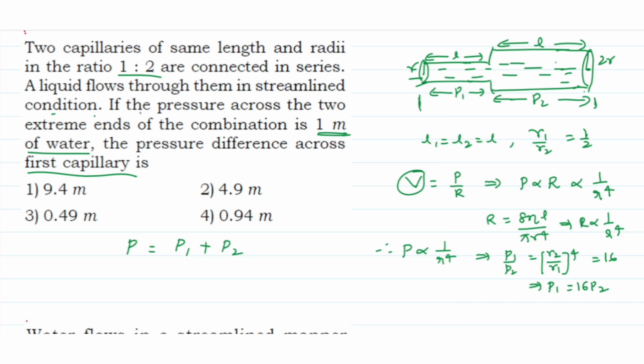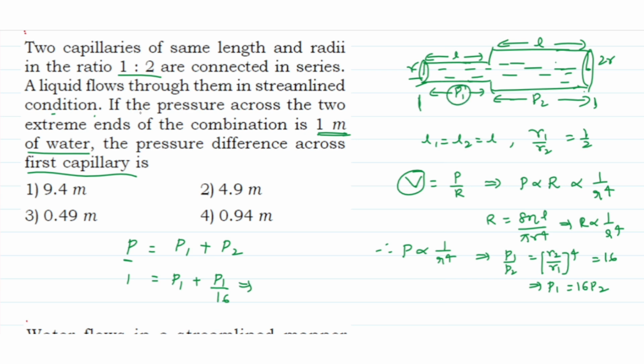The pressure difference across the two ends of the total combination is given as 1 meter, which will be equal to P1 plus, instead of P2, you can write P1 by 16. Why? Because they are asking for the pressure value P1 across the first tube.